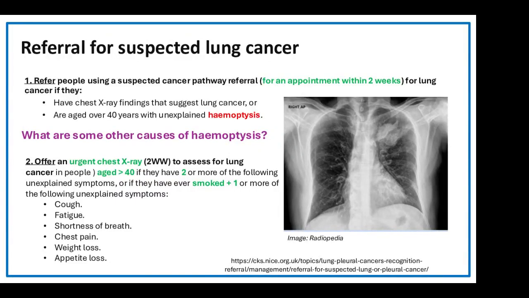I can appreciate that these symptoms can often be a bit non-specific and vague. So it's very important to look at the clinical picture and the risk factors and the ongoing full clinical history as well. If people are smokers or if they've smoked in the past, then you only need one of the following to be able to get that urgent 2-week chest x-ray.